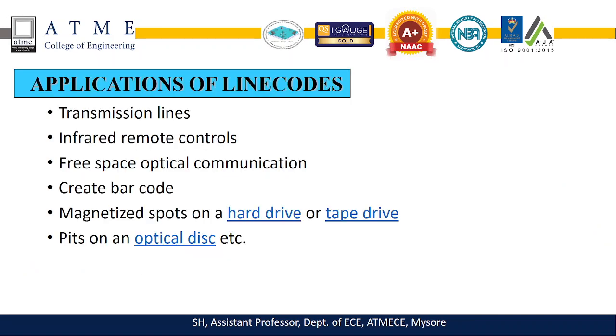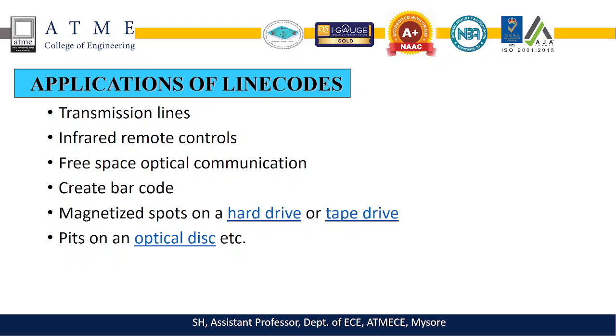There are a number of applications of line codes based on the advantages they have. The main advantages of line codes are: they minimize the transmission hardware, they have easy error correction and detection, they facilitate synchronization and they eliminate the DC component.